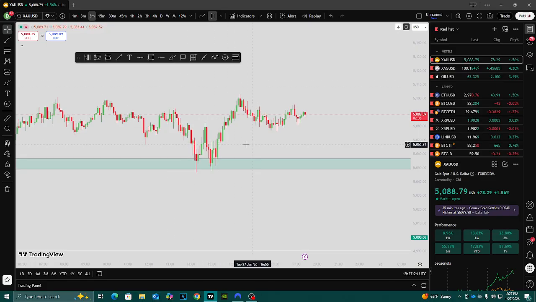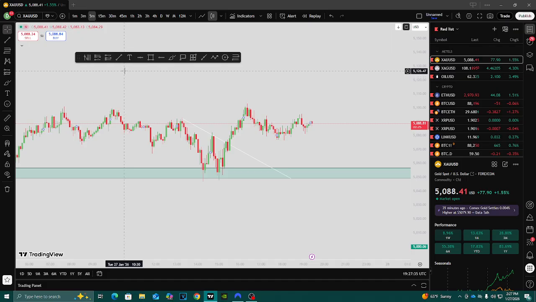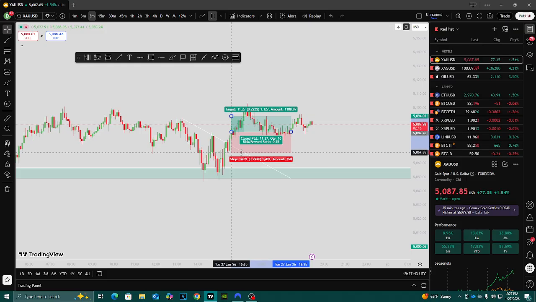So boom, we go right here, lower time frames, just so we can get a better counter trend line right here. Boom. So we would have entered the market right here instead of up here because it broke. This candle broke right here, and we would have put it right under this last low right here.